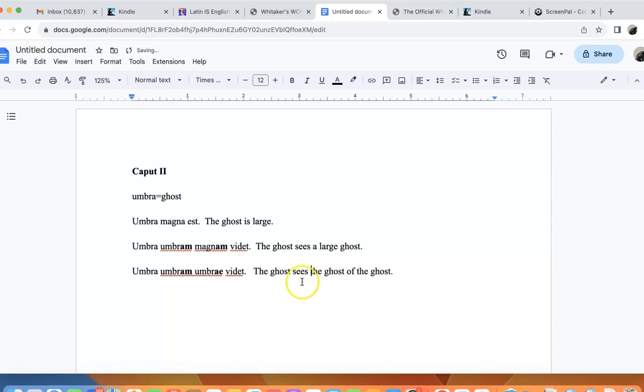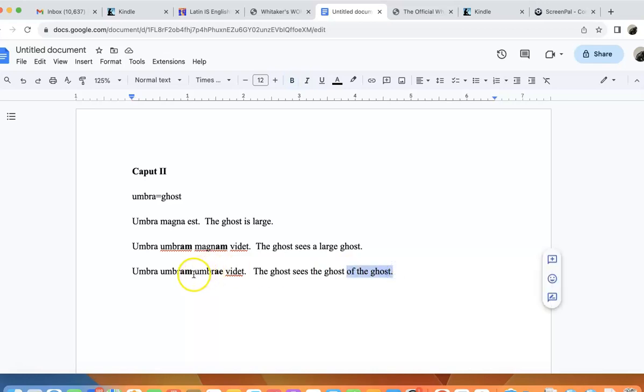And so the ghost sees the ghost of the ghost. So the ghost, and then sees, but then the direct object. So it wants to do autocorrect, umbram, the ghost, but then of the ghost.